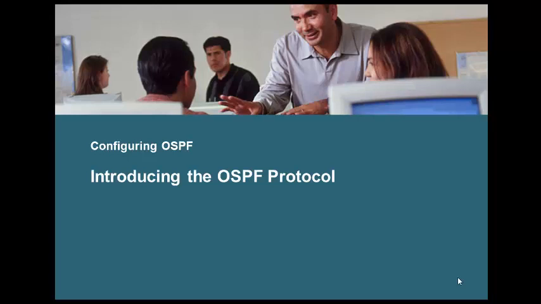Dijkstra's algorithm, also called binary tree algorithm, which is an open standard. And this routing protocol uses that algorithm, which is already open standard. So that's one of the reasons why it is called open.